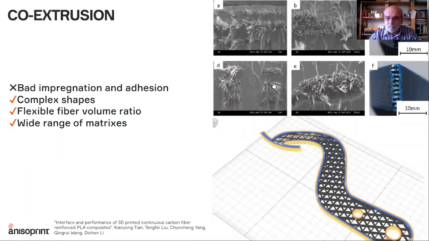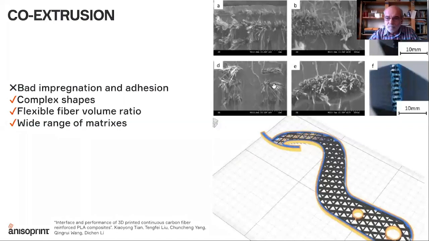With co-extrusion, you can have complex shapes. You can vary the fiber volume ratio, so that means that you can have layers of different thicknesses, or layers with thickness drops or something like that, and you can make structures like lattices where fibers intersect, where you have ribs that have intersections, and the fiber volume fraction in the intersection is doubled, but to maintain the integrity of the structure, the material volume still has to be constant.